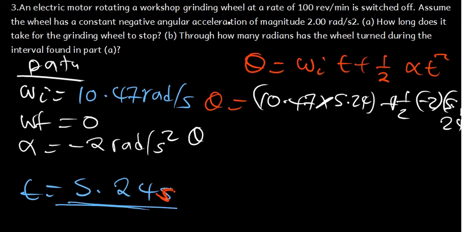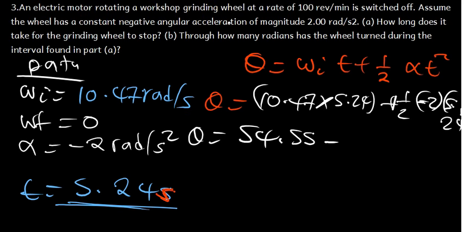So theta will be equal to, if I do 10.47 times 5.24, this is going to give me 54.55. Because of that negative on the 2, I'm going to say minus.